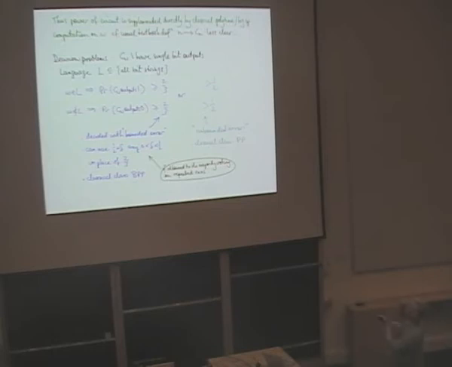A language is a subset of bit strings, and it's decided with bounded error if you have a probabilistic single bit output from the circuit CW that does the computation for W, and if the word is in the language, you output 1 with probability at least 2/3, and if you're not in the language, you must output 0 with probability at least 2/3. So if you think of 1 and 0 as being yes and no, the computation has to give you the right answer with probability 2/3 in each case for every input.